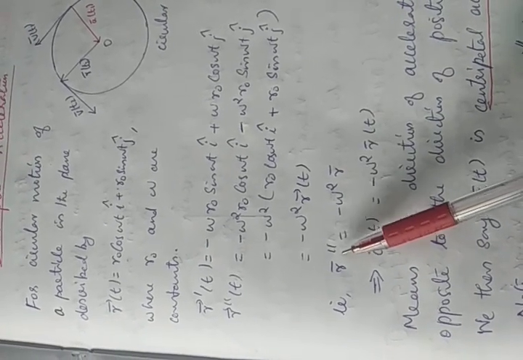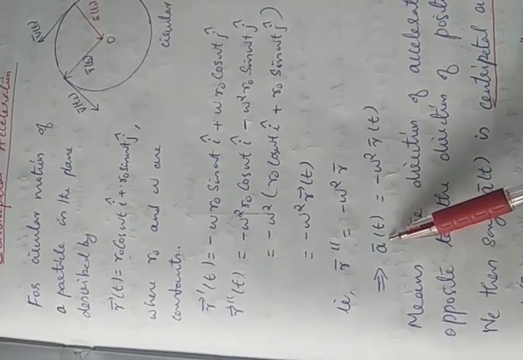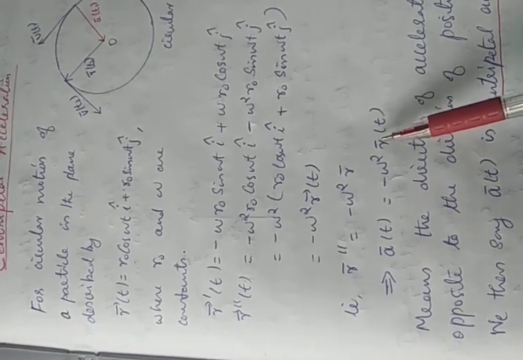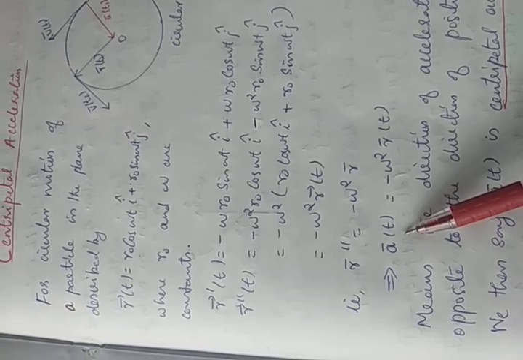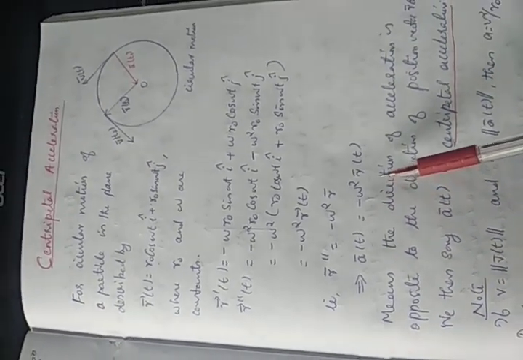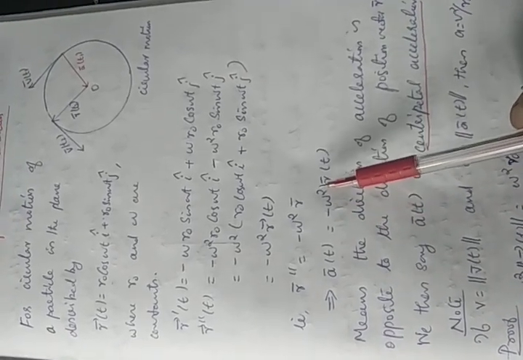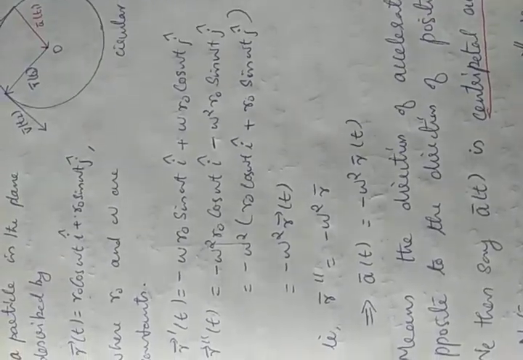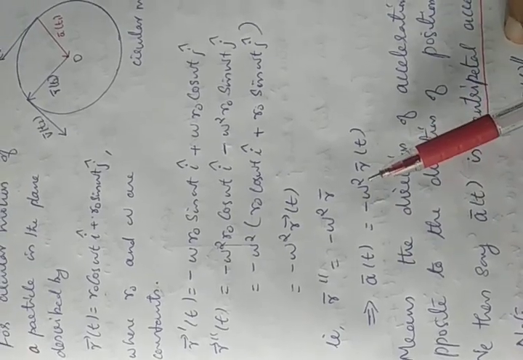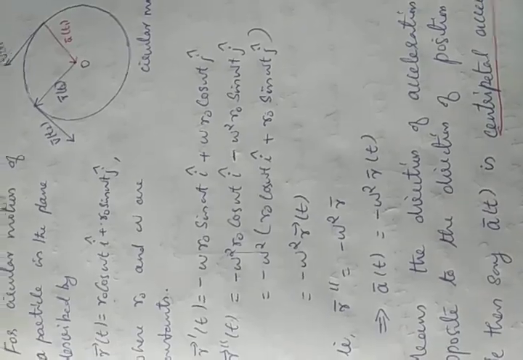We know that the second derivative represents acceleration. So we have a of t is equal to minus omega square r of t. This means that the direction of acceleration is opposite to the direction of the position vector, because here we have a negative sign, and the magnitude of acceleration is omega square times the magnitude of r of t.